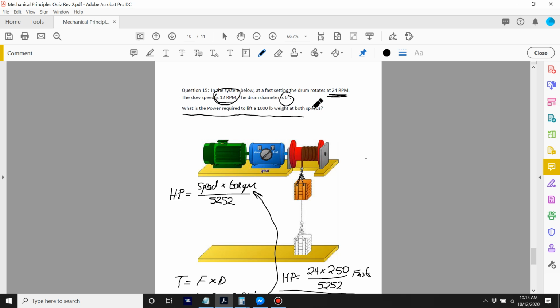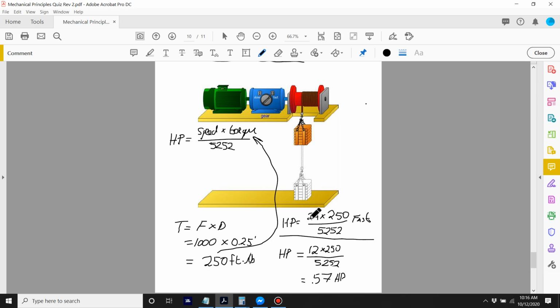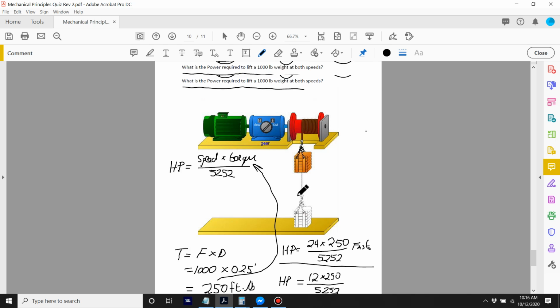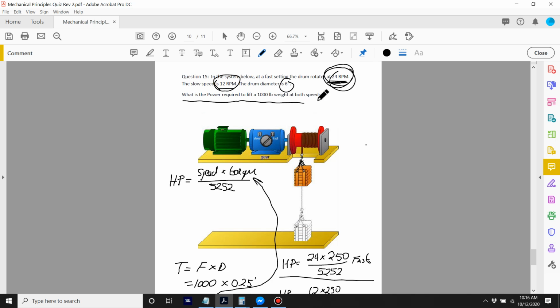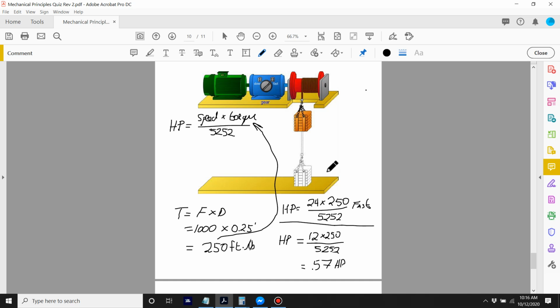If we wanted to run this at 48 RPM, again it would be double. We would need double the horsepower. So, what is the power required to lift 1,000 pound weight at both speeds? The first one was like 1.0 something, and then the second one was 0.57 horsepower.